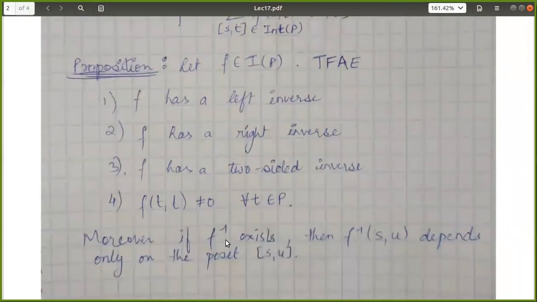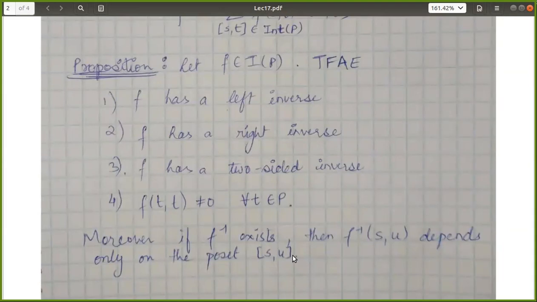Moreover, if f inverse exists, then f inverse of SU depends only on the poset SU, that is only on this portion of the poset. When I write poset SU, poset closed interval SU, you understand this is a subposet of the original poset, having induced operation. The partial order is induced from the main poset, and then this is a subset.